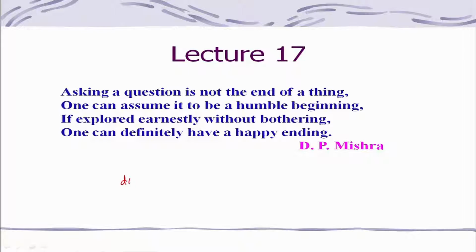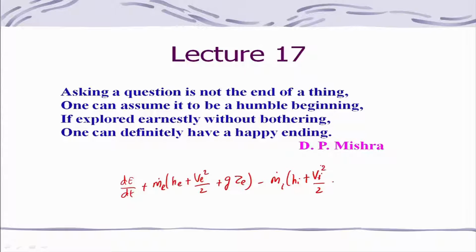If you recall the expression, it is dE/dt plus m dot e (h_e plus V_e squared by 2 plus g Z_e) minus m dot i (h_i plus V_i squared by 2 plus g Z_i) is equal to Q dot minus W dot.